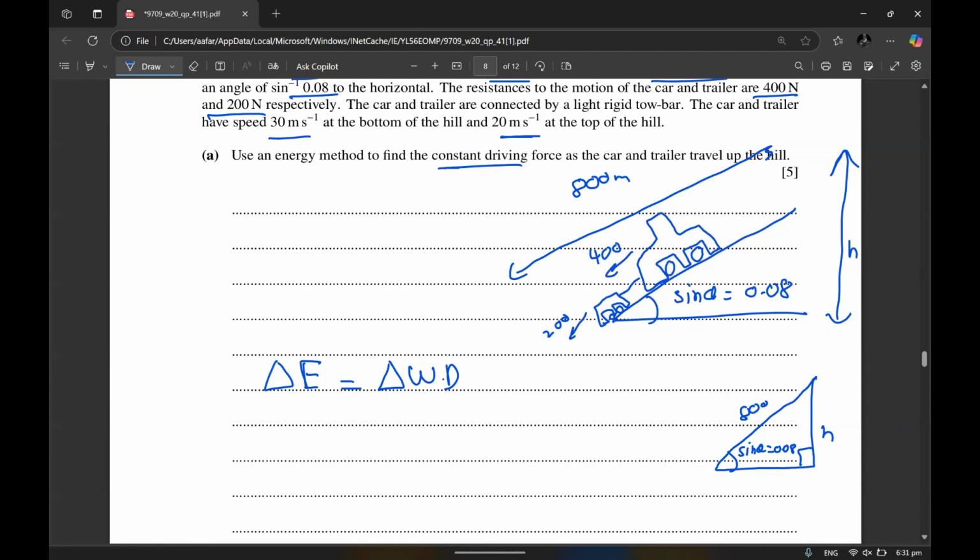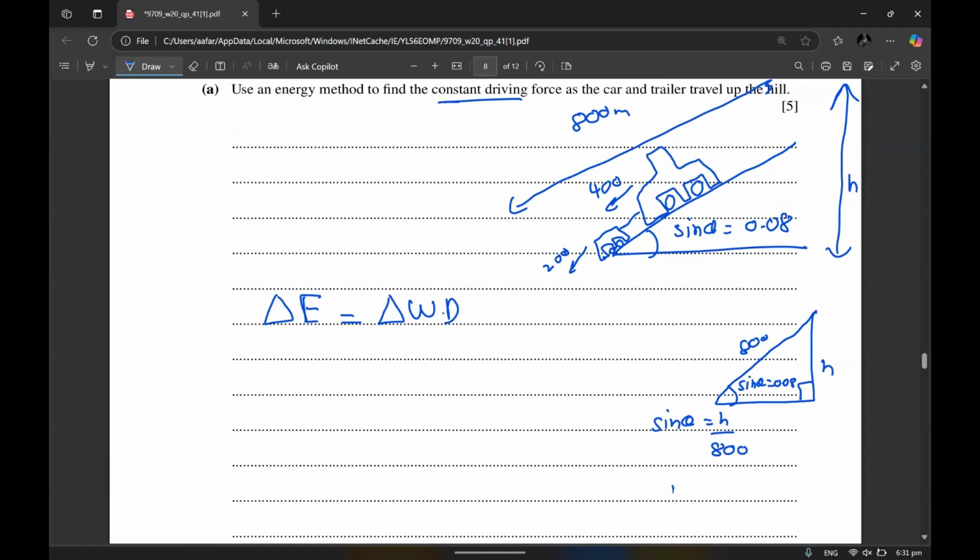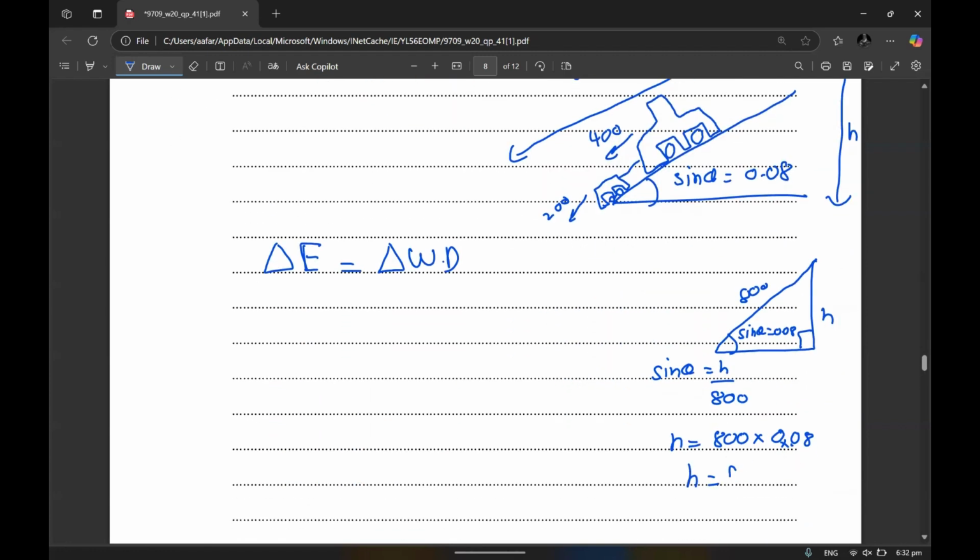Sin theta equals h over 800, perpendicular over hypotenuse, so h is equal to 800 times 0.08. That's how we get 64.